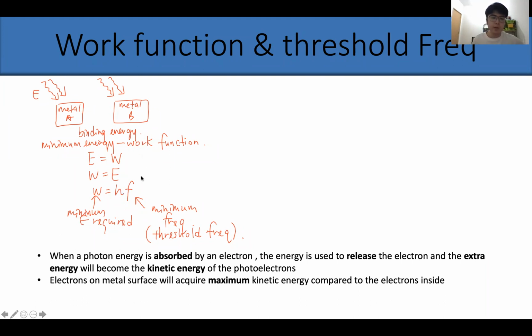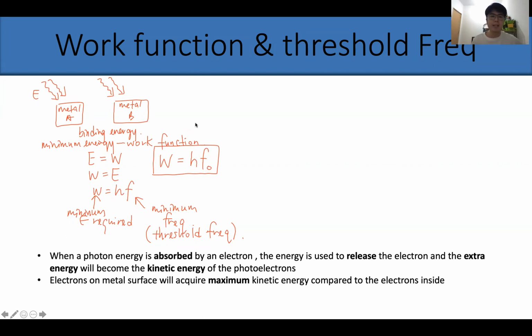So we give it a notation. We write the work function equals h times this threshold frequency, f naught. Okay, so this is your first formula, right? So from the threshold frequency, you can calculate the work function of the metal.